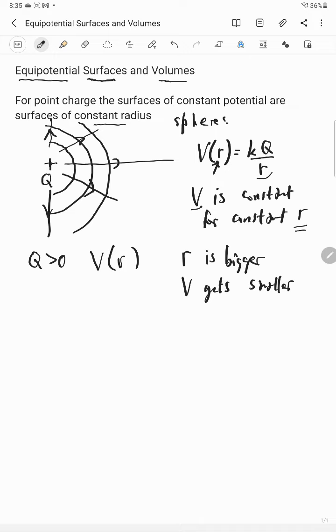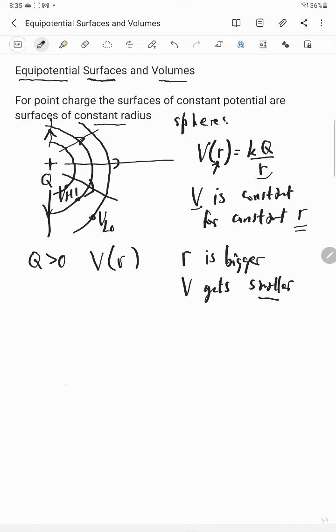So V gets smaller as R gets bigger. So that means that if I was to say something about the relative value of the potentials of this part of the surface, this part of the surface, this part of the surface, this would be a lower potential than inside, right? So I'm going from high to low.